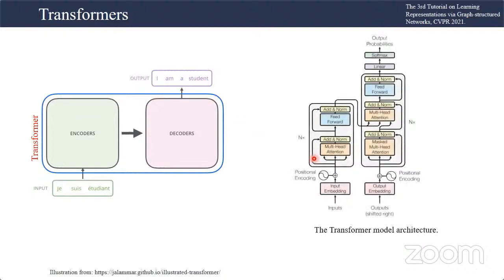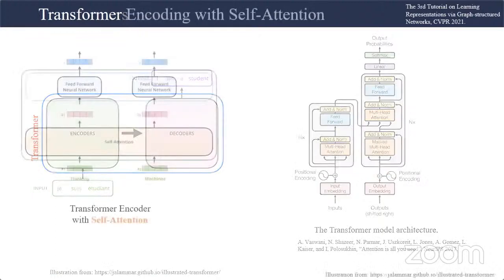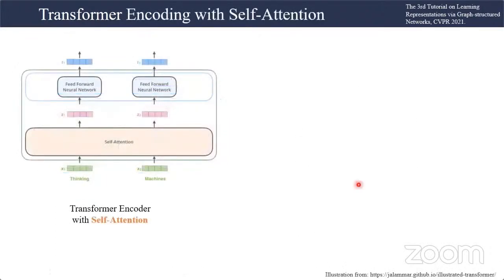On the right, it shows the backbone for the transformer consisting of layers of attention modules. On the left, it shows a transformer encoder for a sequence of input.